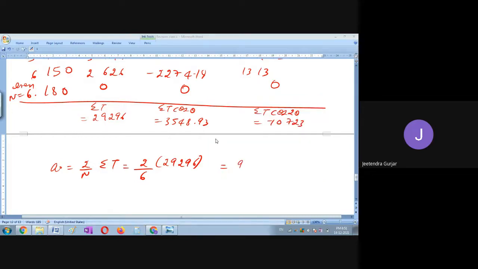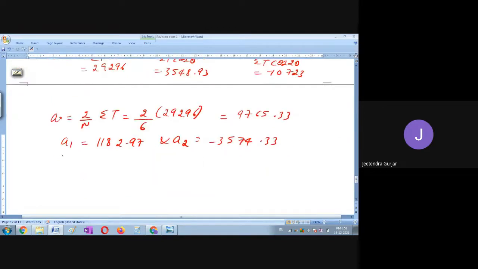Okay, so same way I will take a naught as 9765.33. Same way you can find a1 value, it is 1182.97, and a2 value is minus 3574.33.